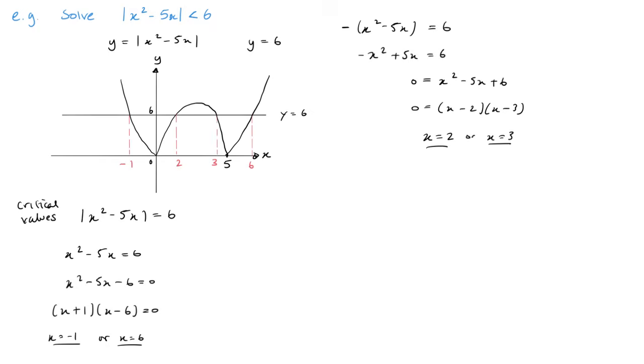Now we've worked out all our critical values, which I've just marked on the graph here, and we can work out when this modulus is less than 6. So this graph is below 6 between -1 and 2, and then below 6 between 3 and 6. So this means that it's -1 < x < 2 or 3 < x < 6.